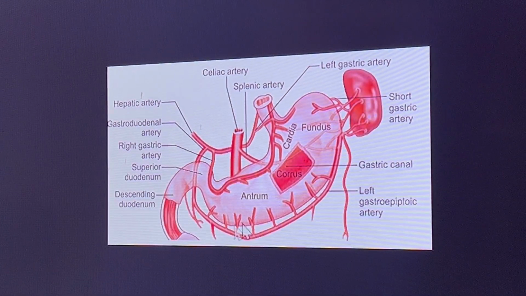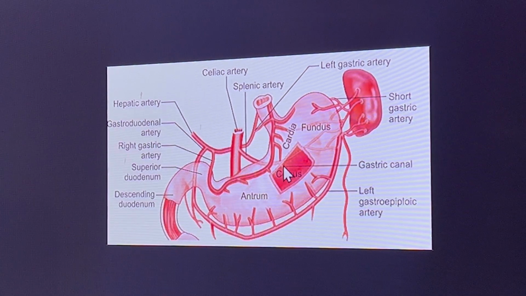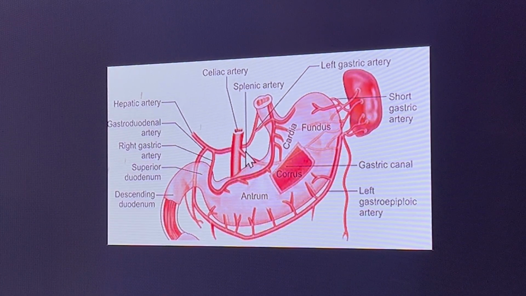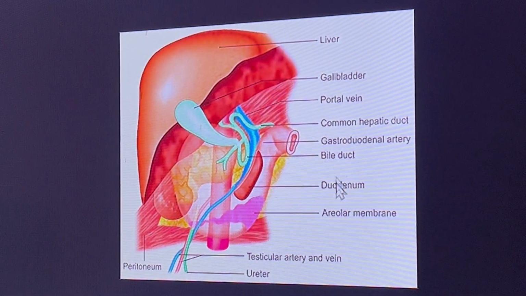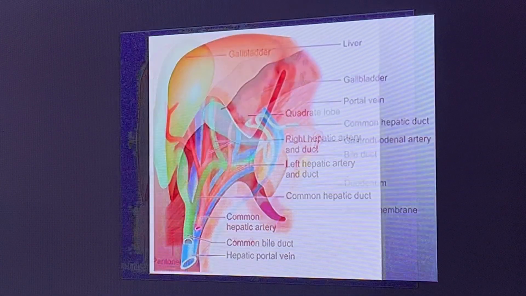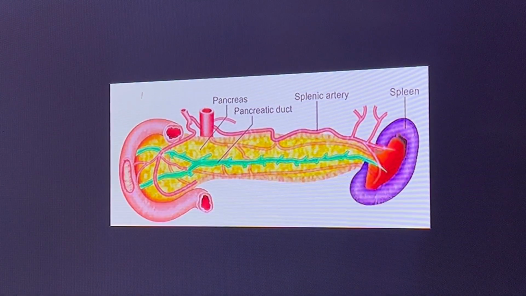This is the vascular structure around the stomach region. You have the gastric arteries, your splenic artery and celiac artery, then you have the hepatic artery, gastroduodenal, right gastric. Then this is the structure of the liver and gallbladder. These are the gallbladder arteries, which we'll talk about in the gallbladder chapter, in detail.